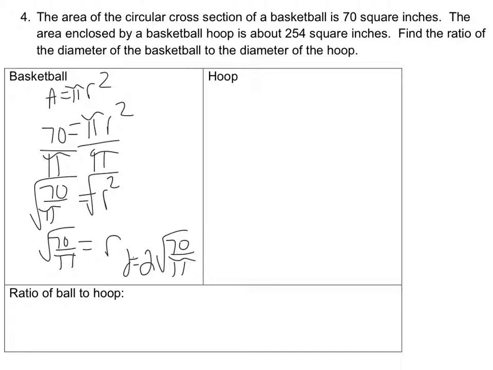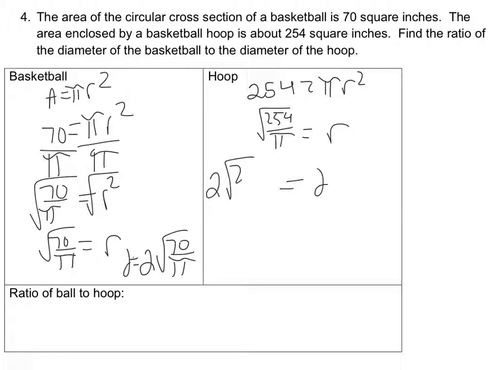Now the hoop, you get 254 equals pi r squared. Divide by pi and square root, so you get r equals square root of 254 over pi. But then you have diameter, so it's 2 square root of 254 over pi.